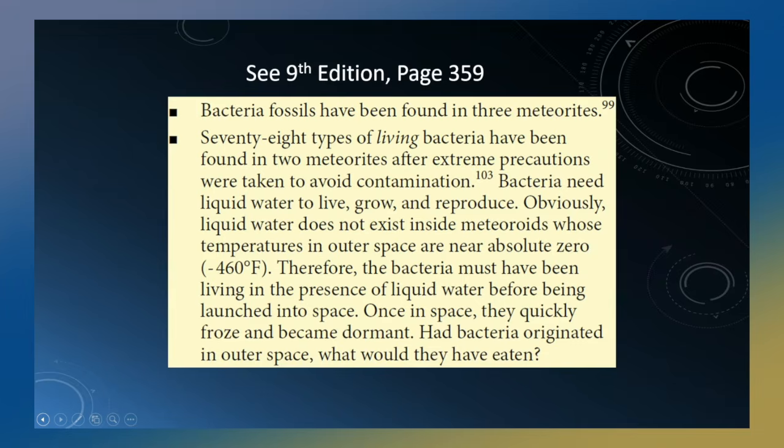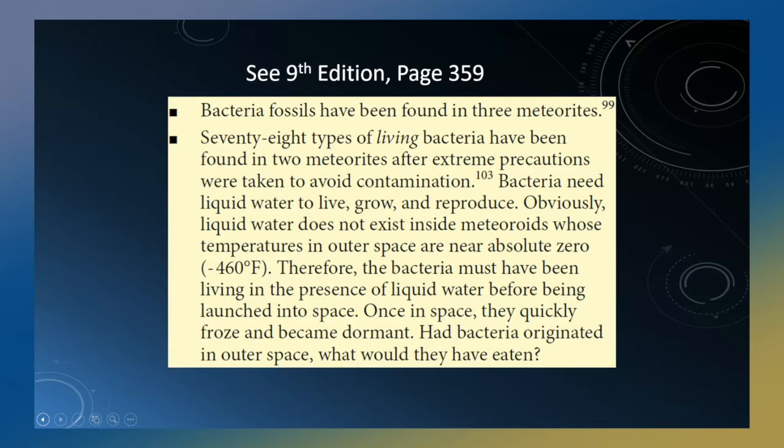Well, we're going to use the data of what we know about amino acids and how they come together and how they're used in life to refute what Dr. Feldman has said here. And besides that, bacteria fossils have already been found in 3 meteorites, and 78 types of living bacteria have been found in 2 meteorites after extreme precautions were taken to avoid contamination.